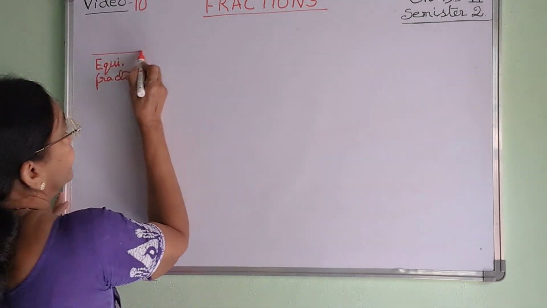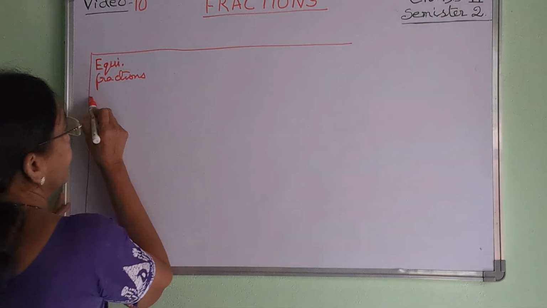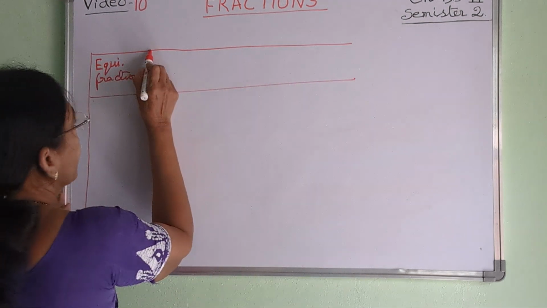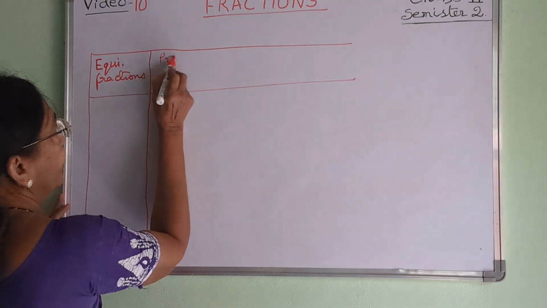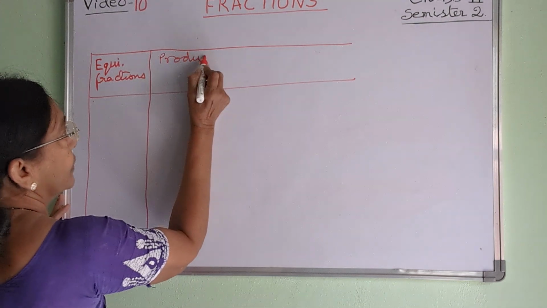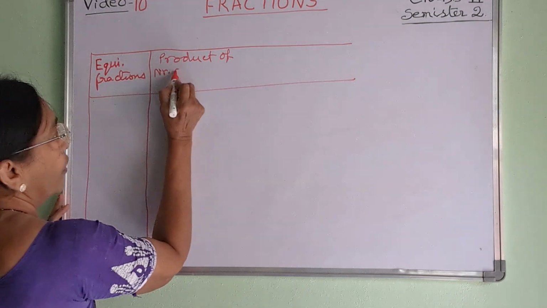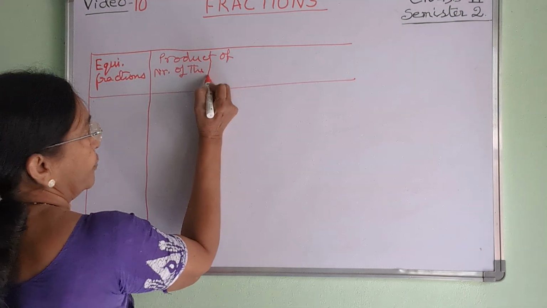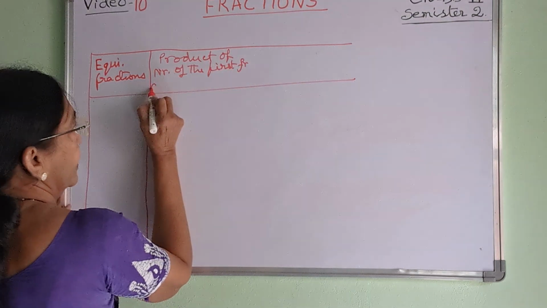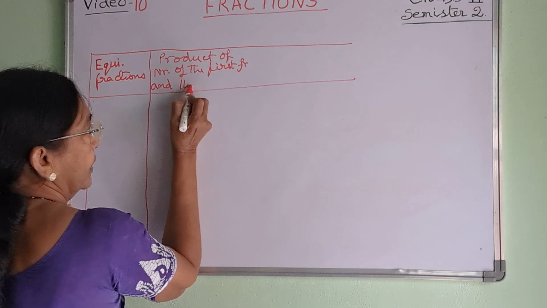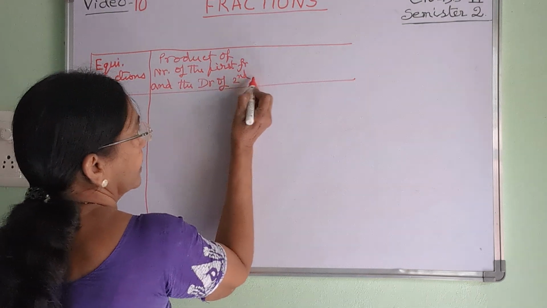First column: product of the numerator of the first fraction and the denominator of the second fraction.